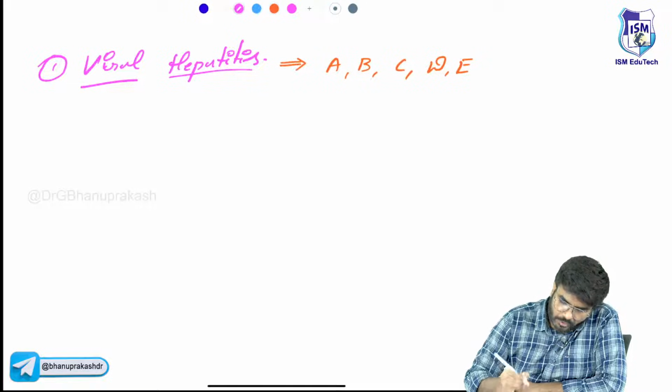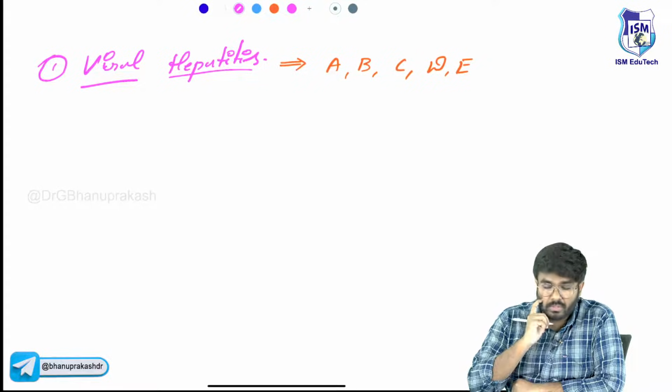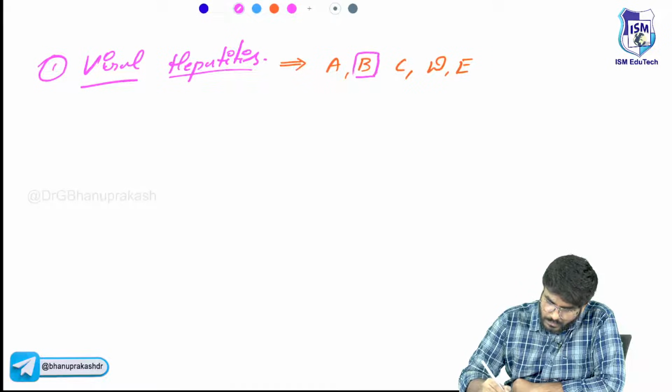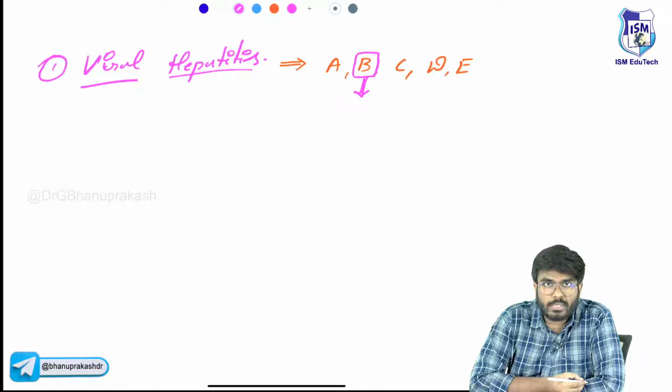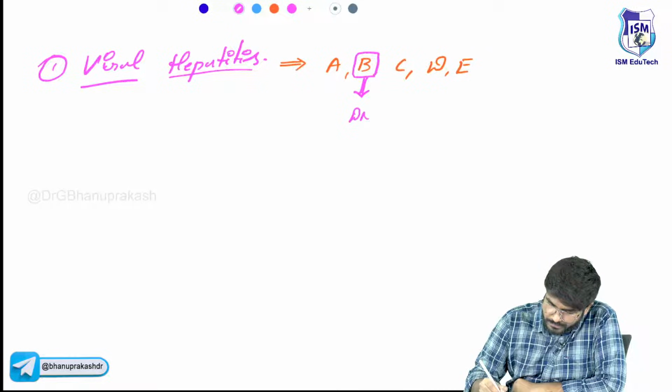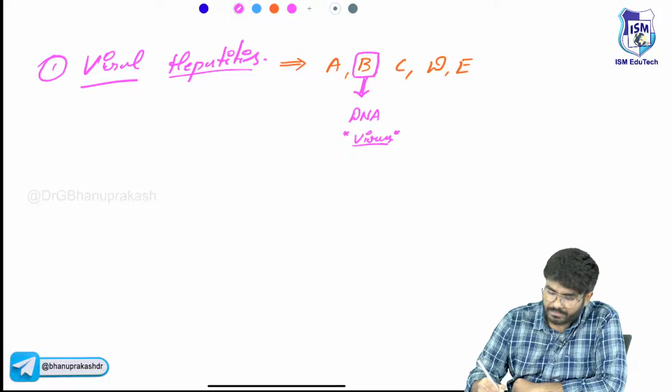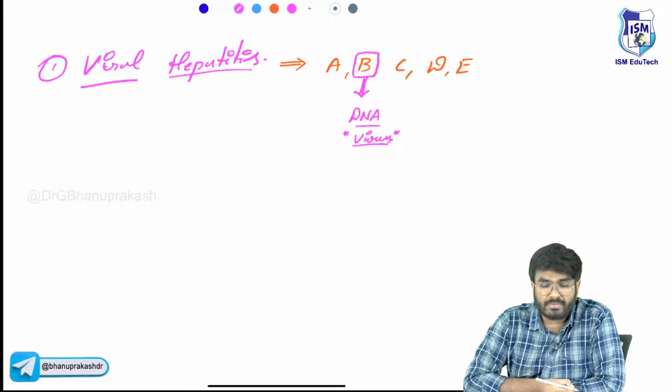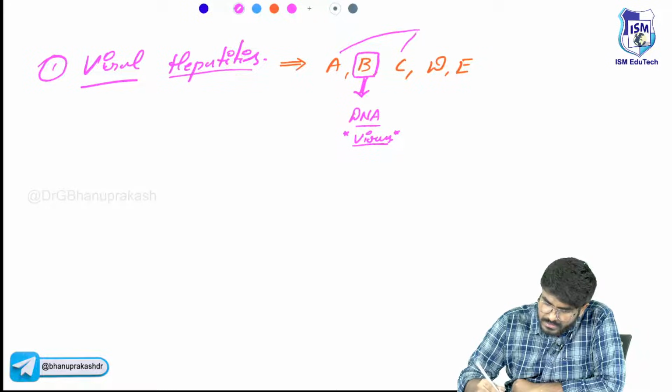Here itself I want you to know that out of these five, only hepatitis B virus is a DNA virus, partially double stranded circular DNA. All other viruses are RNA viruses.